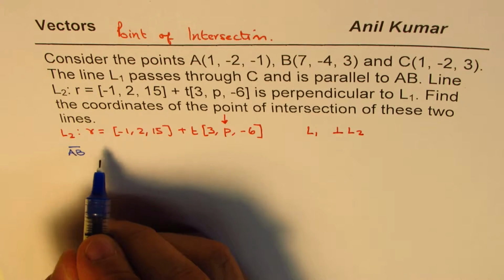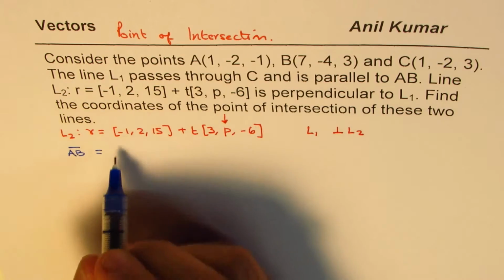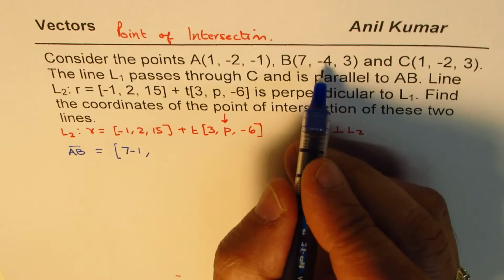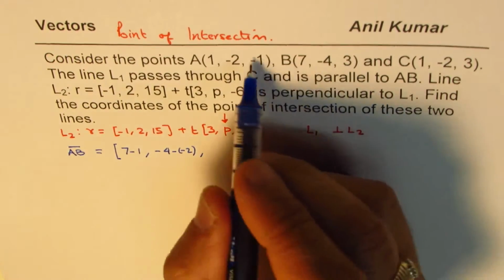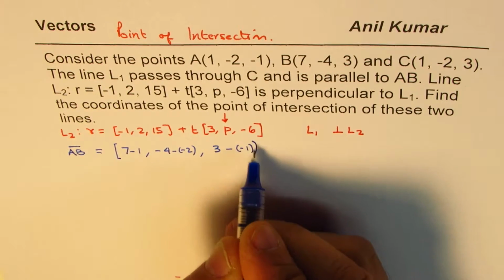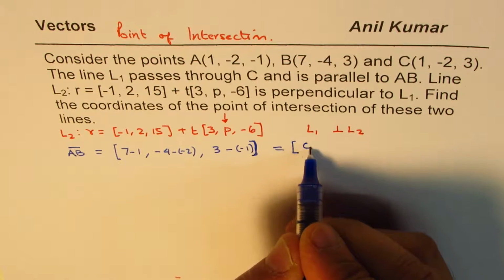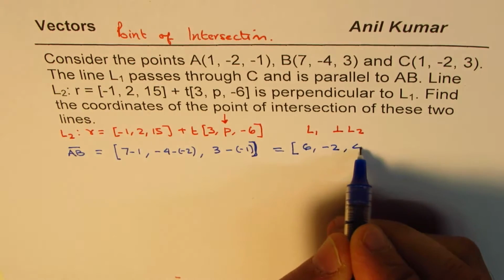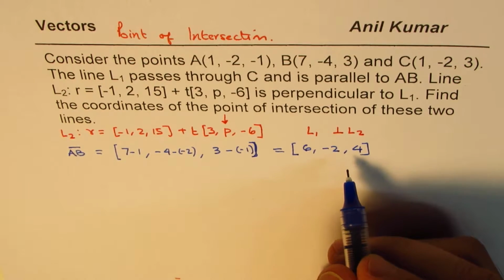From A and B, we can say AB is (7 - 1, -4 - (-2), 3 - (-1)), which is equal to (6, -2, 4). So that becomes the direction for the line.